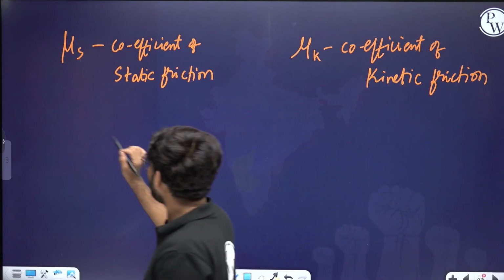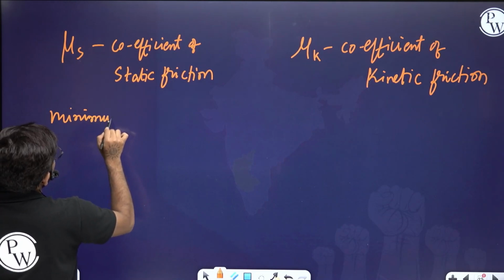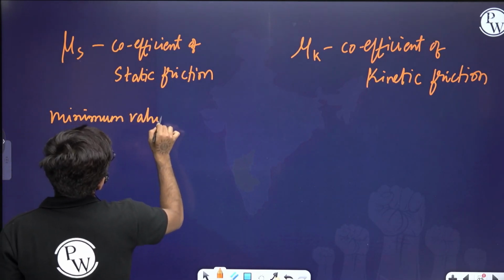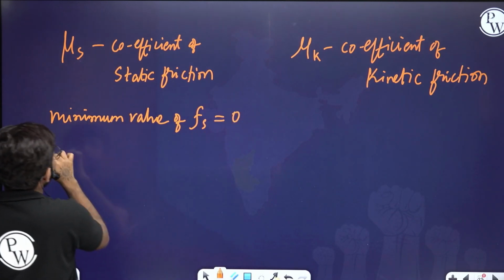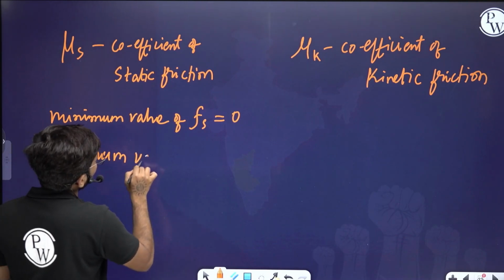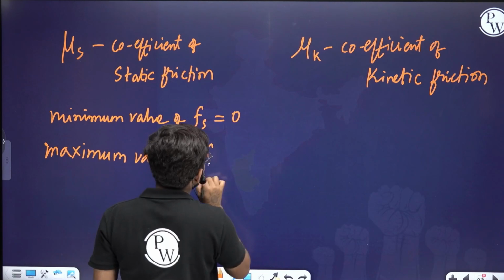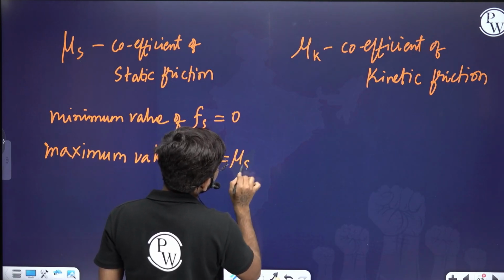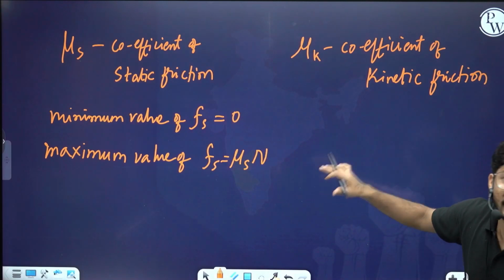So the minimum value of Fs is 0. The maximum value of Fs is mu s into N. What is this N? Normal reaction between the surfaces.